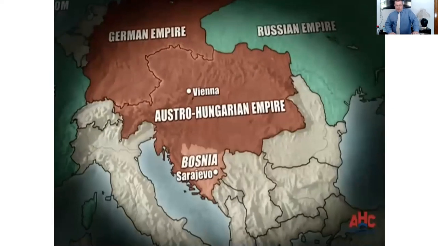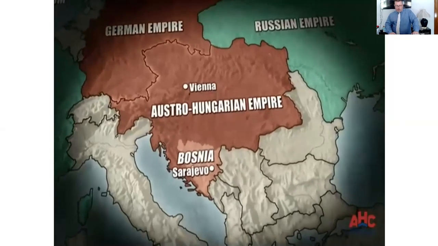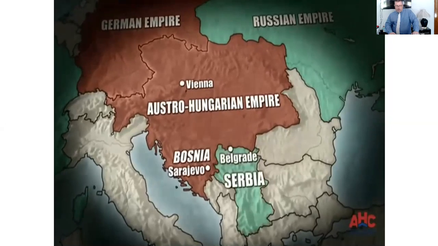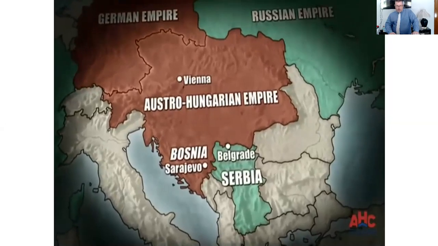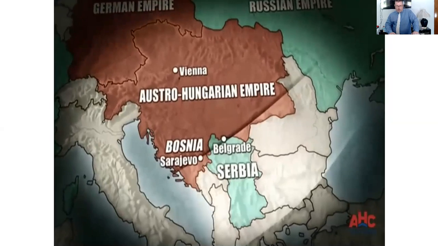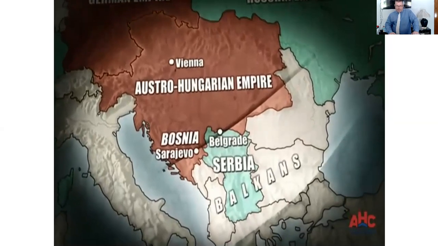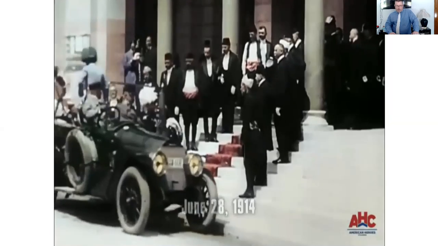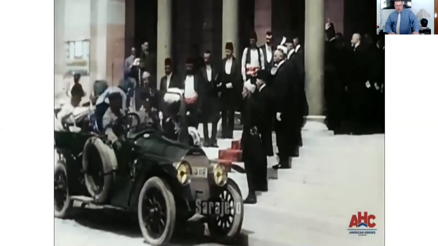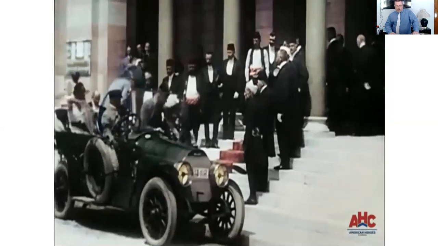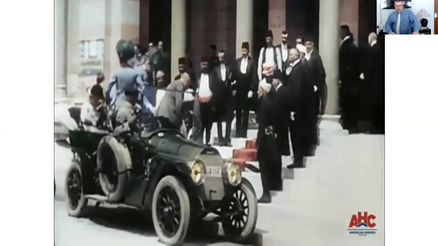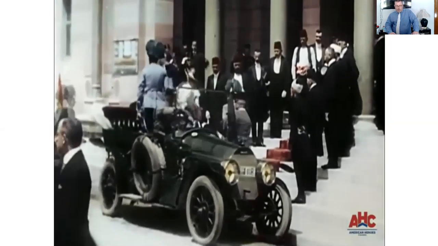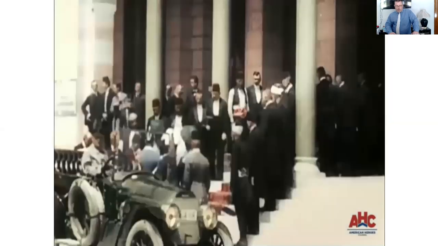It is in Sarajevo that the world's destiny changes forever. In Bosnia, which Austria-Hungary has annexed recently. But Serbia had opposed this move. It wants to expand by uniting the Slavic peoples of the Balkans. June 28, 1914, Sarajevo. Franz Ferdinand, the heir to the Austro-Hungarian crown, together with his wife, has just escaped a first assassination attempt. They stop at City Hall to protest vehemently.